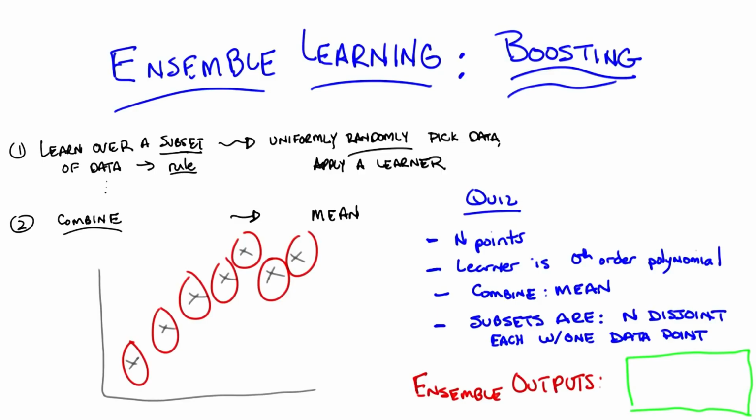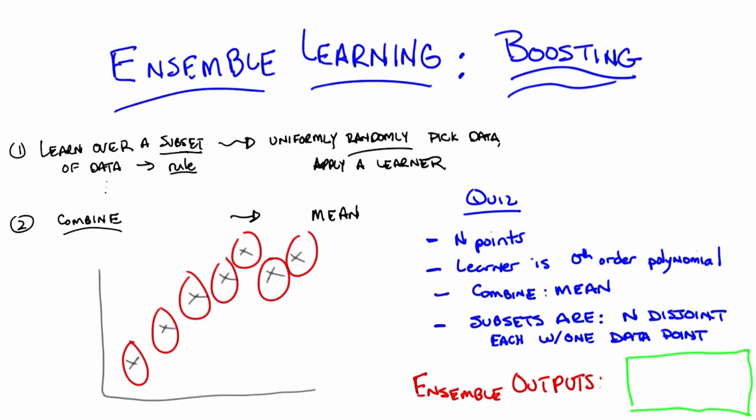So if the sets are n distinct sets with one data point each, then each of the individual learners is just going to learn the average. Then they get, not the average, sorry, the actual output value of each individual point. And then the combining algorithm, to combine all the pieces of the ensemble into one answer, combines with the mean.